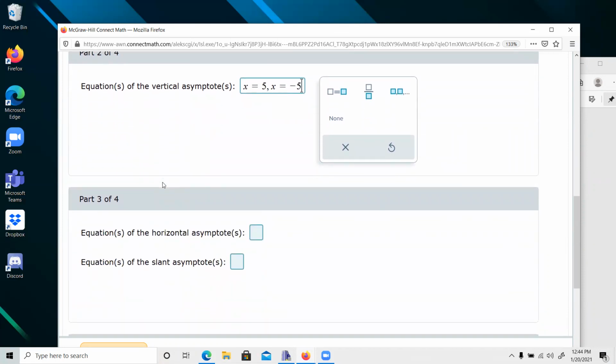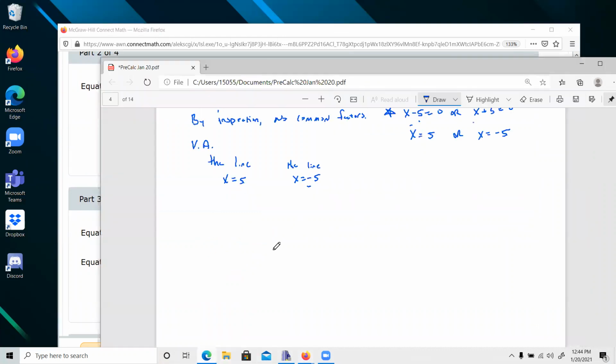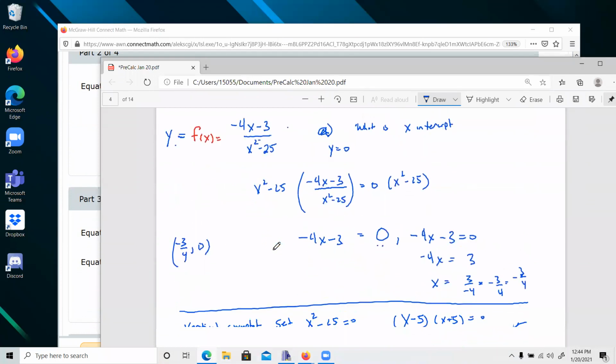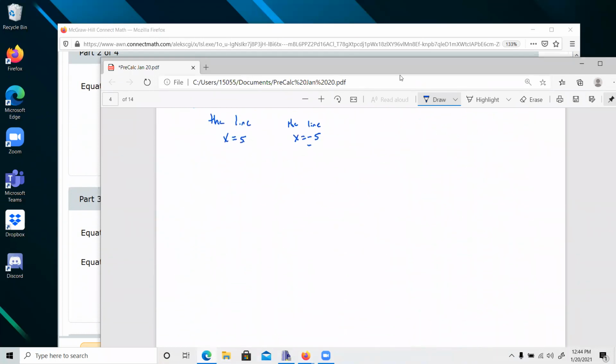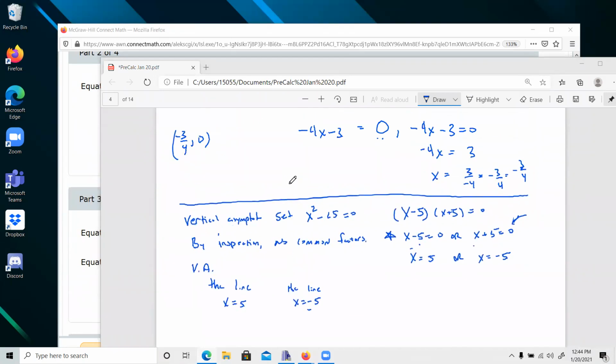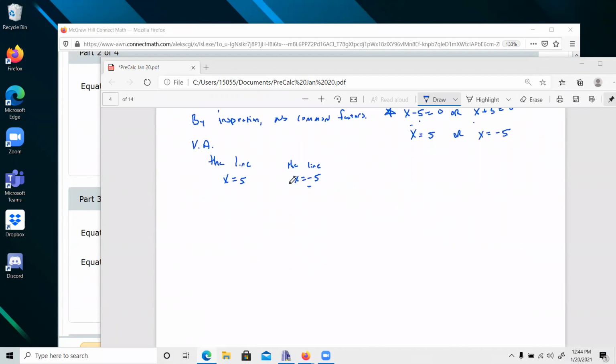Okay, what are we working with here? What kind of an asymptote do we have? Are we always going to factor the denominator for a vertical asymptote? If possible, yes. You are always going to factor that denominator for your vertical asymptote.